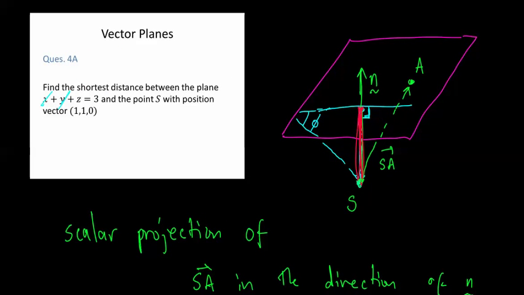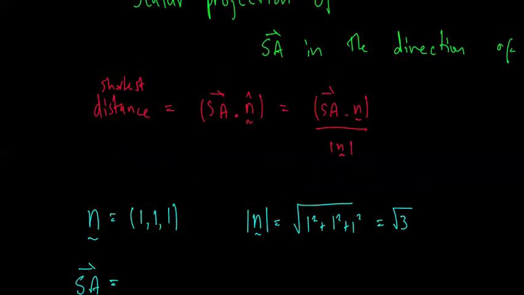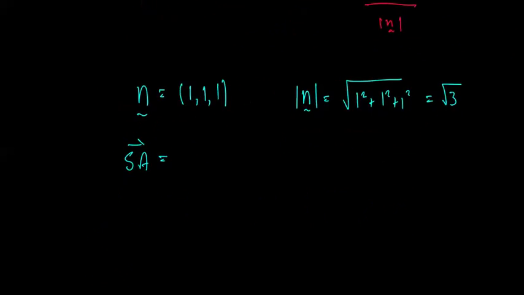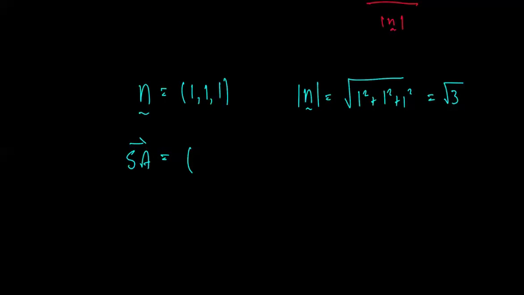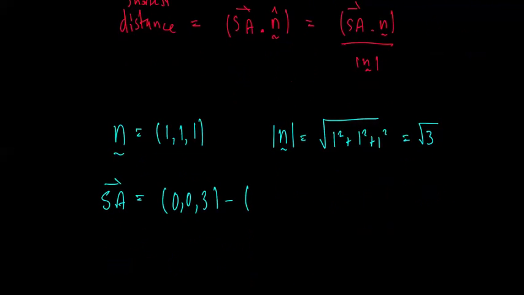So z is equal to 3, and since x and y are 0, this point must be (0, 0, 3). So SA will be the point A, (0, 0, 3), minus the point S, which was (1, 1, 0). So this vector is going to be (-1, -1, 3).